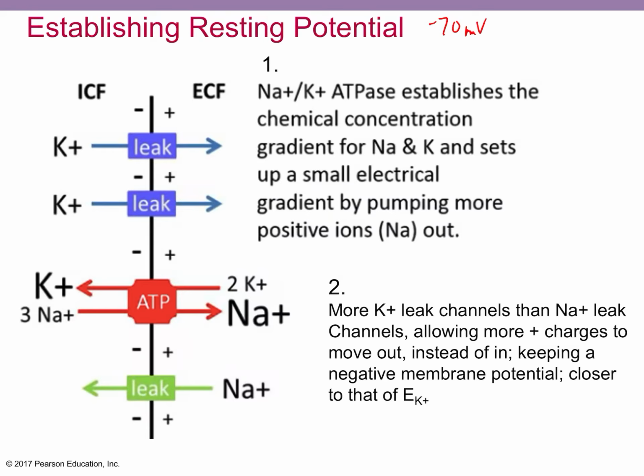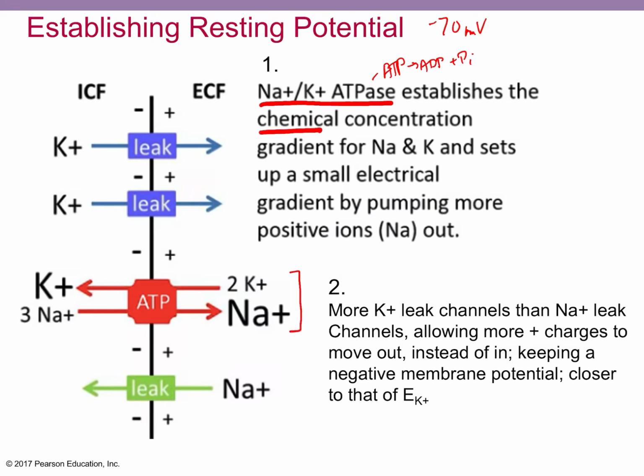First of all, we know that the sodium-potassium pump, otherwise known as sodium-potassium ATPase, directly hydrolyzes ATP. It breaks down ATP to ADP and P to work, so it is a primary active transporter. This is going to help establish the chemical concentration gradient. We can see the pump here.